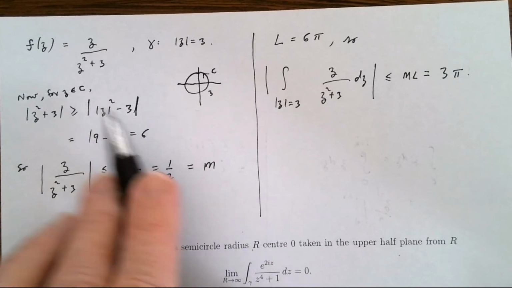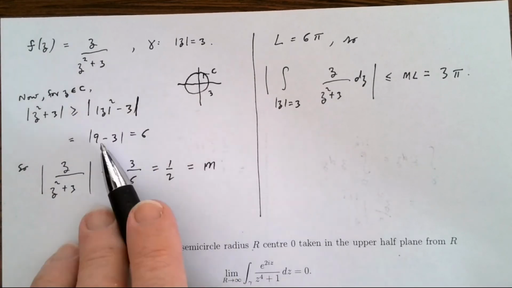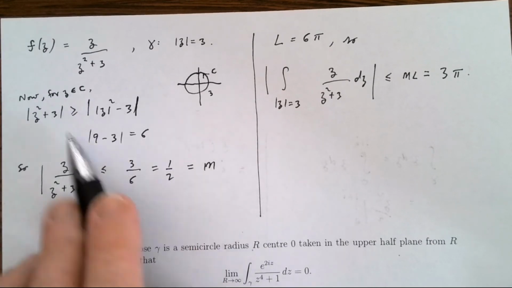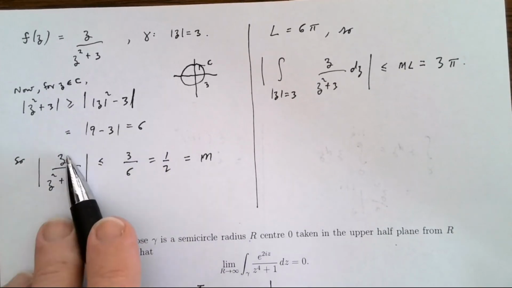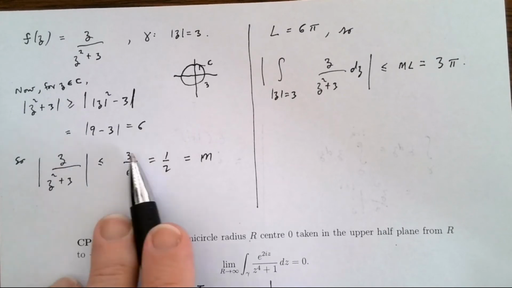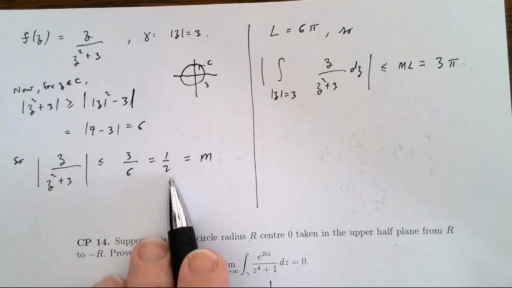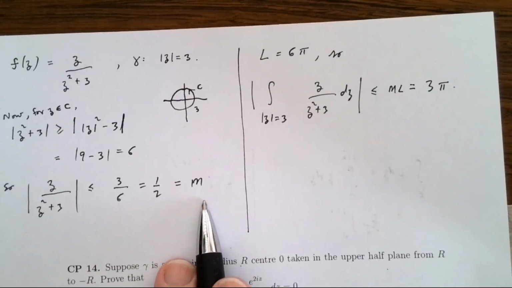Now, if z is on our contour, then the modulus of z is just 3, so we get 3 squared is 9, minus 3 is 6. So when I turn this upside down, 1 over this is less or equal to 1 over 6. So the modulus of z over z squared plus 3 is less or equal to the modulus of z, which is 3, times 1 on 6, and that's a half. And there's my M.